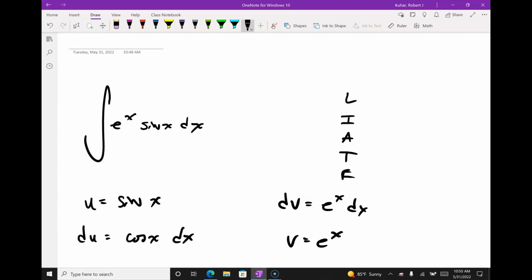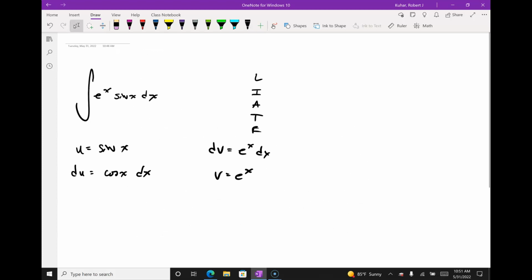Oh, that's nice, because v is e to the x. I like when I don't have to do too much. I'm going to do one with a nasty version of v in a second, okay? But we got our little process here. The integral of e to the x sine x dx is uv minus the integral of v du.